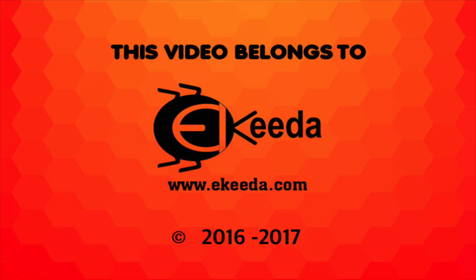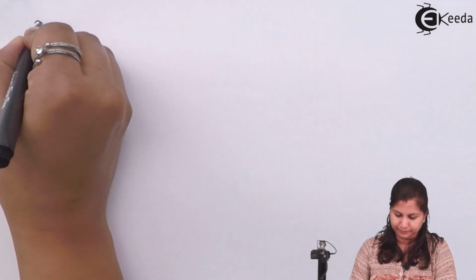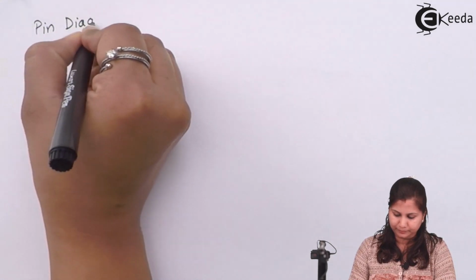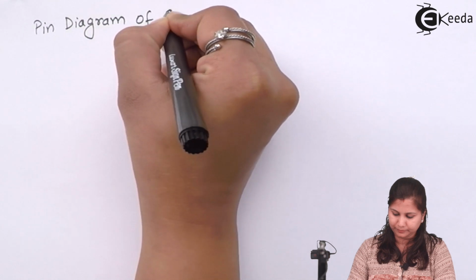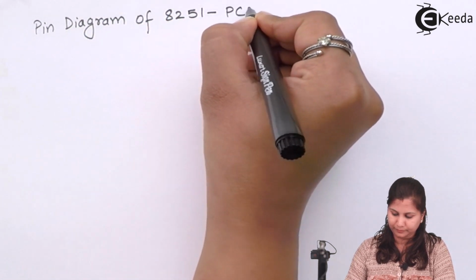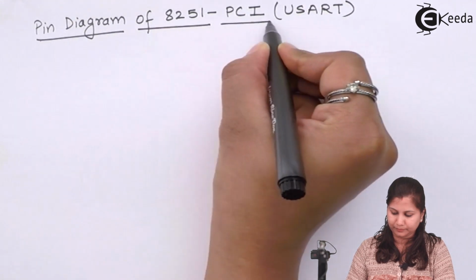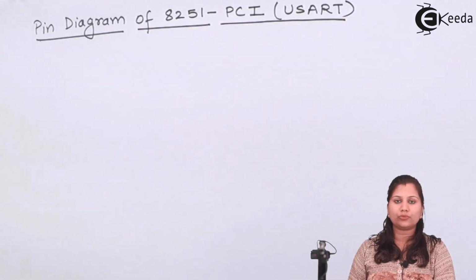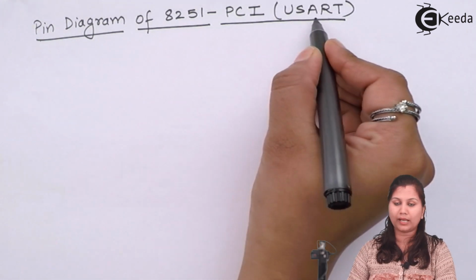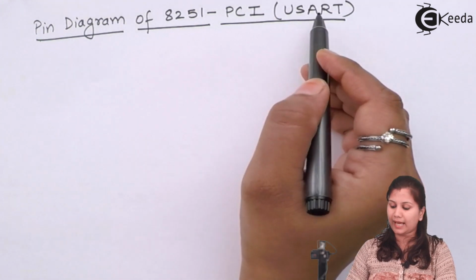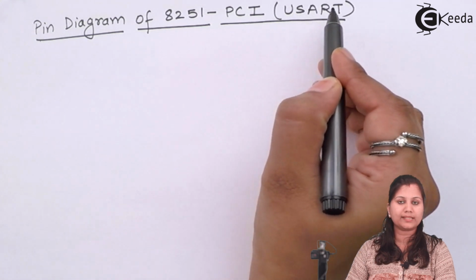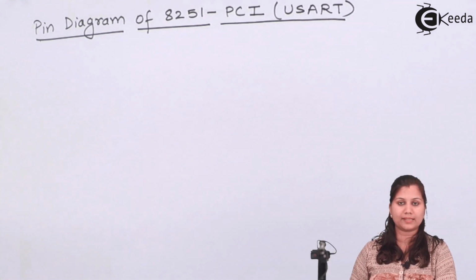So let us start with our topic. This 8251 Programmable Communication Interface, also known as USART, acts as a Universal Synchronous Asynchronous Receiver Transmitter.